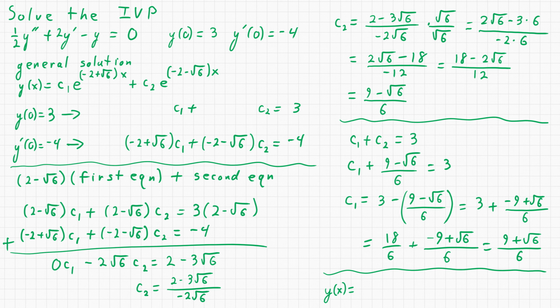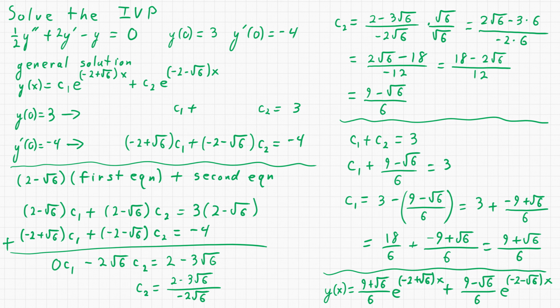So C1, going back to the general solution way over here, we have 9 plus square root of 6 over 6 times e to the negative 2 plus square root of 6 times x, plus our C2, which was 9 minus square root of 6 over 6 times e to the negative 2 minus square root of 6 times x. All right, so barely managed to fit that into the second page.